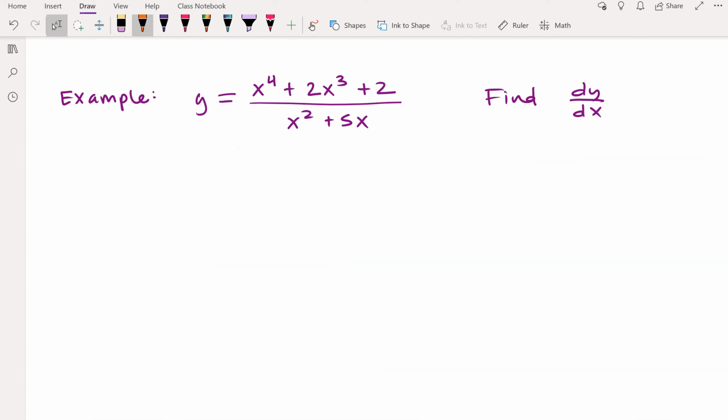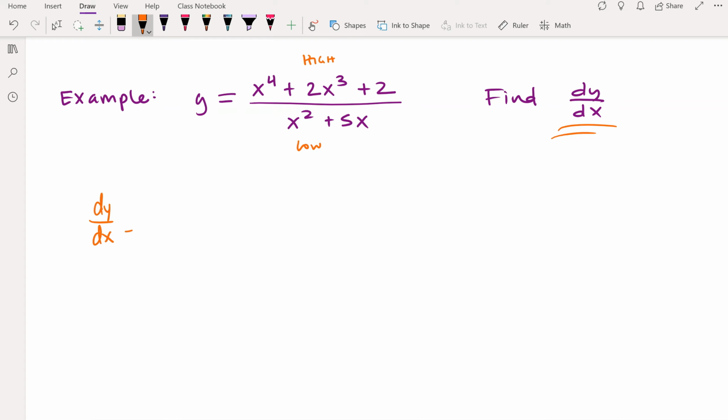Okay, so here we go. Here's y. We're trying to find the derivative of y with respect to x. So let's write dy dx equals. All right, we start with low. Let me label these. This is low, this is high. Our low function is x squared plus 5x.